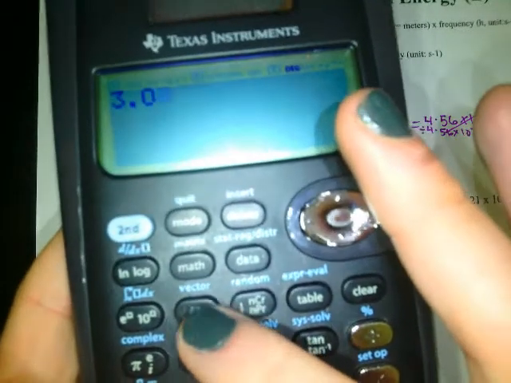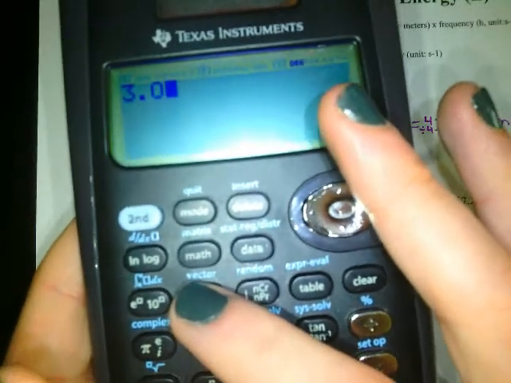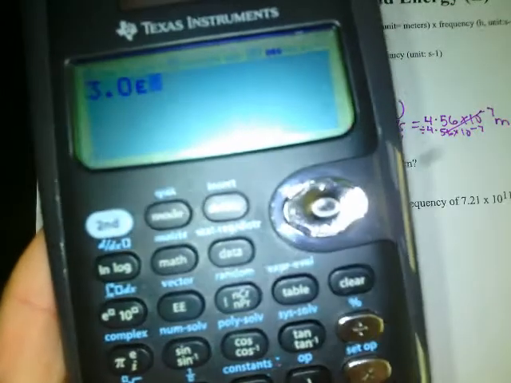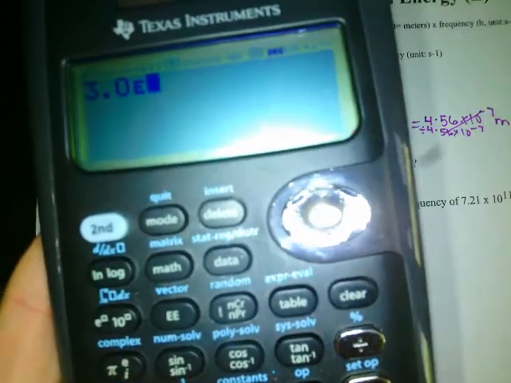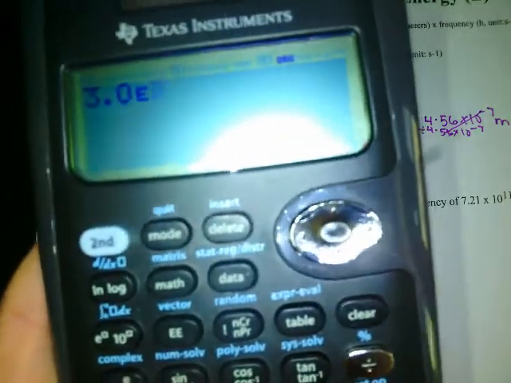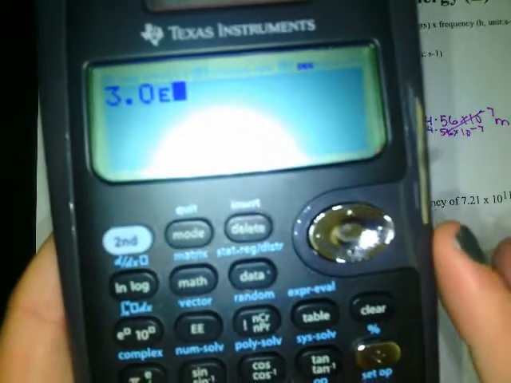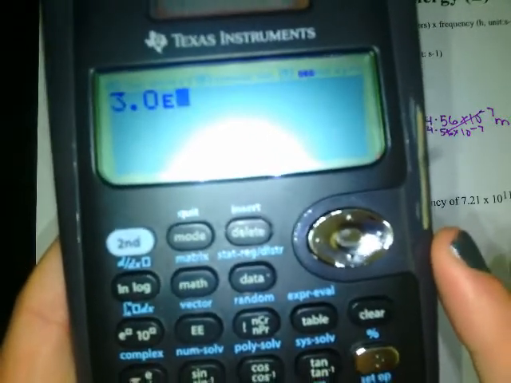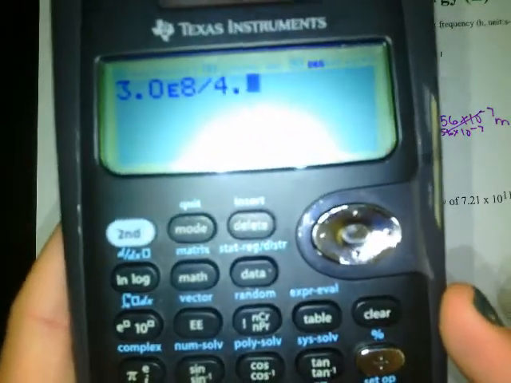So if I just push this EE, I don't have to use times 10 or a caret. That replaces all that. So I only have to put in the exponent 8, divided by 4.56. Again, that EE is a negative 7. And then I hit enter, and there's my answer.